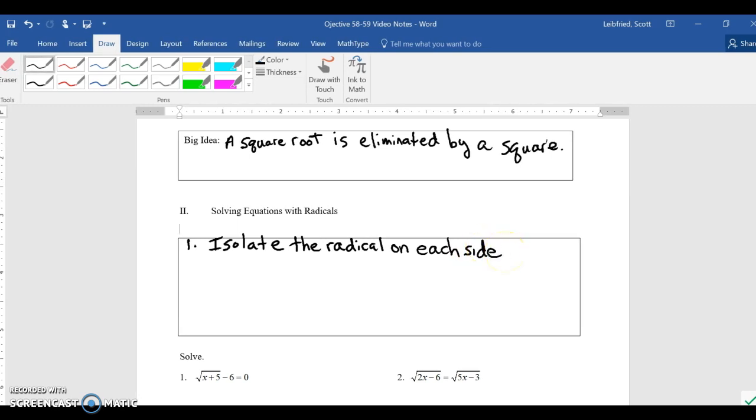Step number 2 is that we're going to square both sides. Step number 3, we're going to eliminate the radical. Step number 4, we're going to solve. And then step 5, we're going to check our answer or our solution.